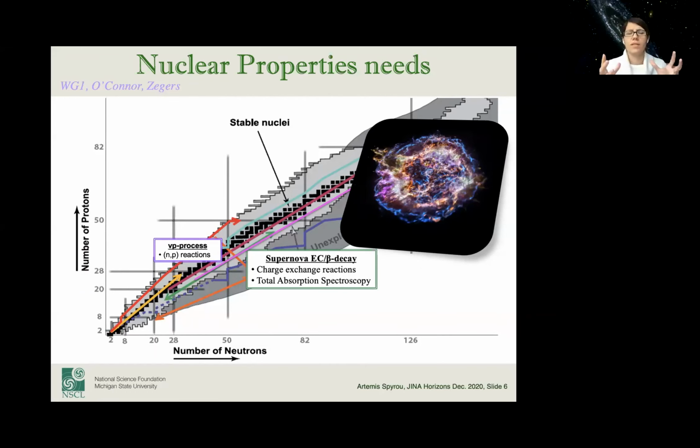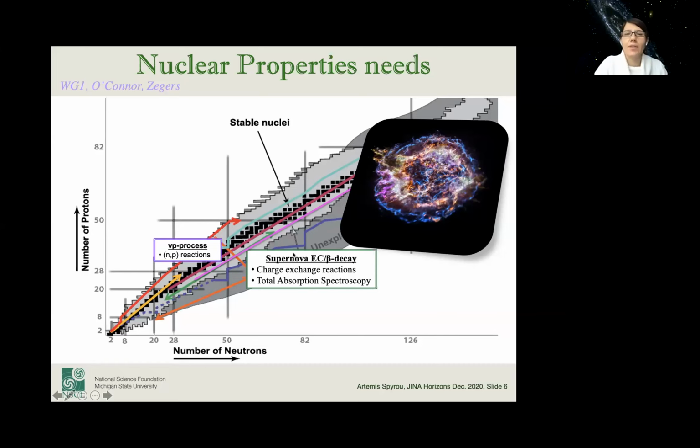It goes in a similar way as the RP process. Again, it's sequential P gamma reactions mainly, but there's the added component where you have these NP reactions that alter your path a little bit, and they overcome some bottlenecks that you have for the RP process. With the NU-P process and these NP reactions, you can overcome that.